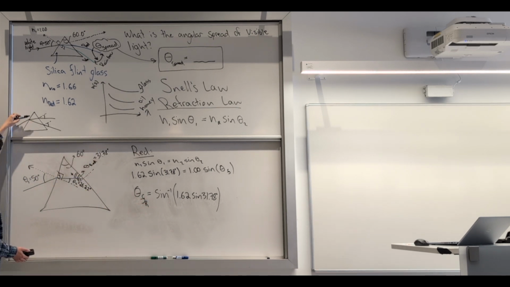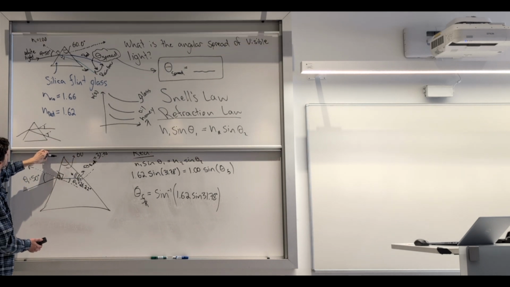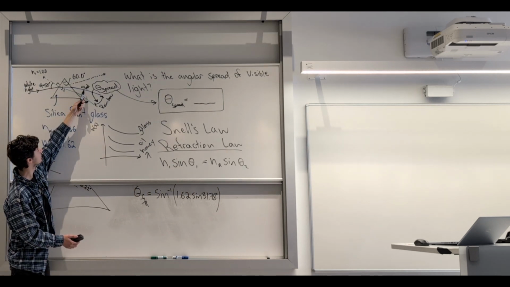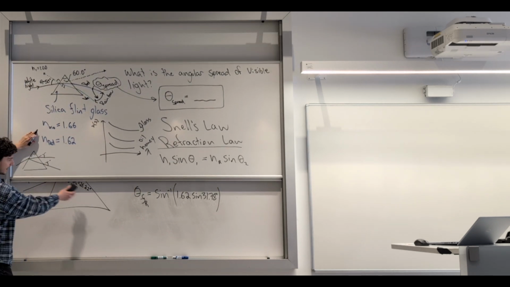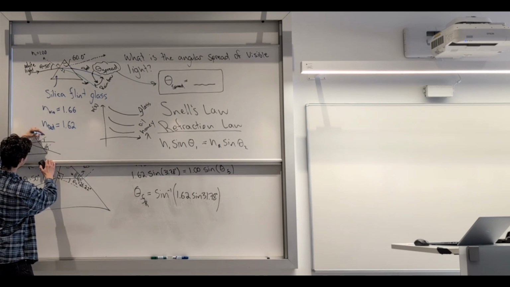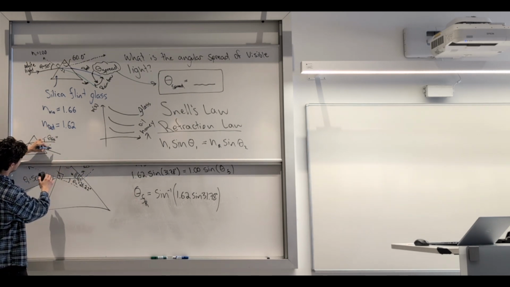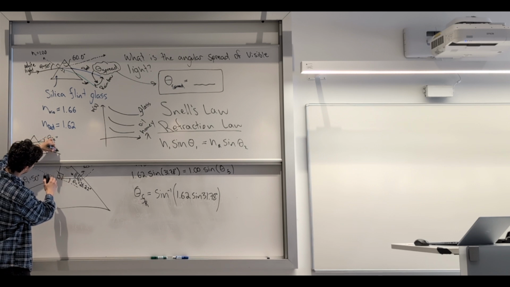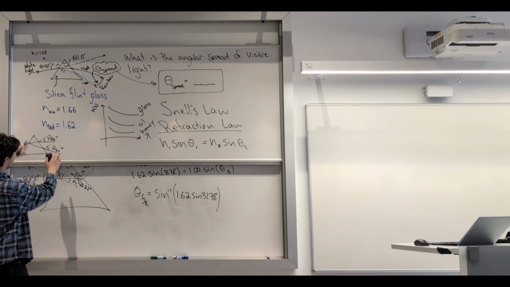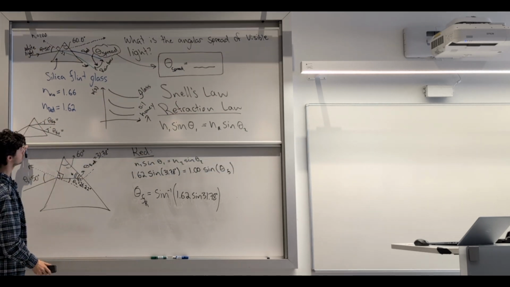I'm not sure which one it is because I don't know if the red light ray is above. Oh, I actually do. In the problem, it showed us that the red light ray is on top. So the angle here, theta F red, is actually this one. Theta FR is equal to this. And then this one down here is theta final violet. So if we find both of those, we can most likely solve the problem.